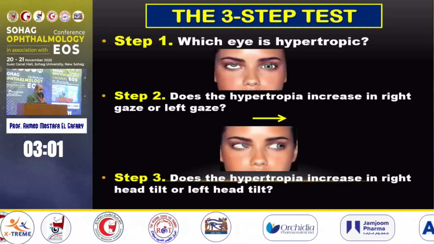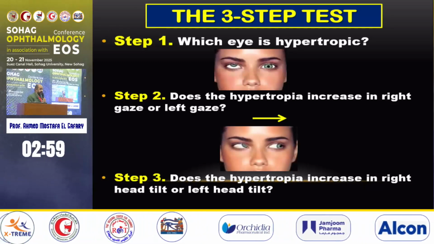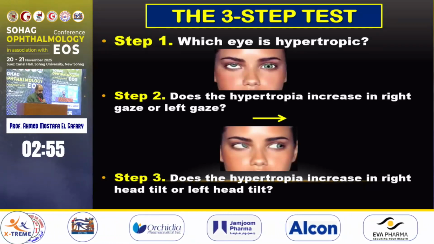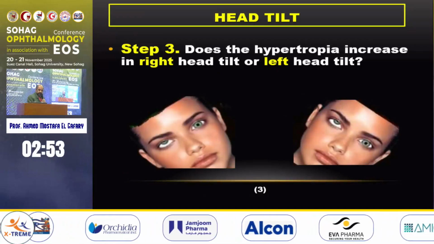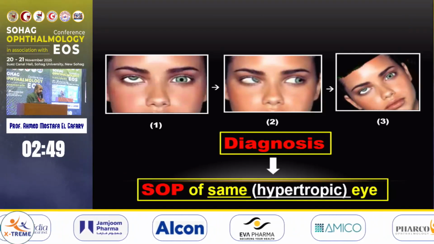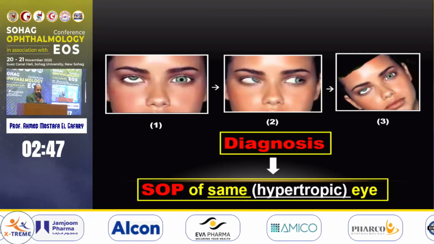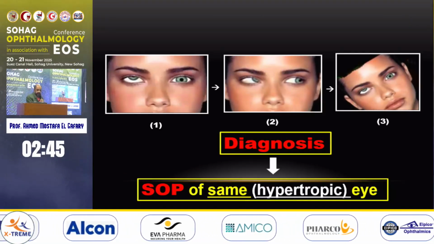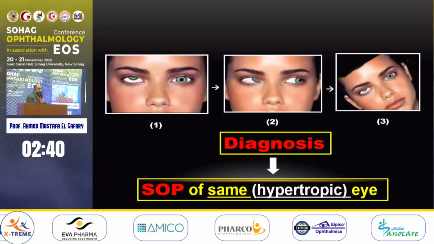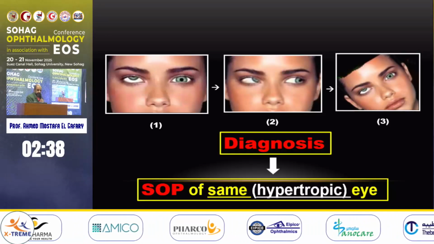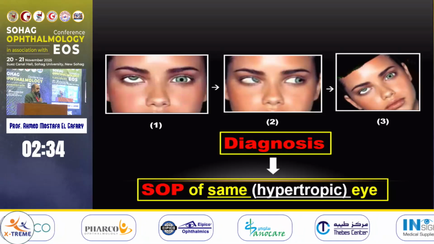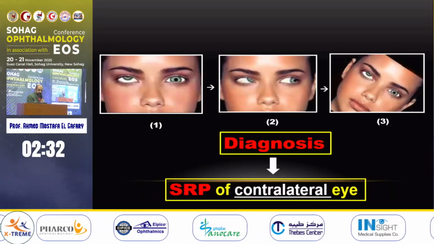Is the hypertropia increasing with head tilt to the right shoulder or the left shoulder? If the right hypertropia increases with adduction of the right eye and increases with head tilt to the same shoulder, the right shoulder, the diagnosis will be superior oblique palsy of the same, the hypertropic eye.